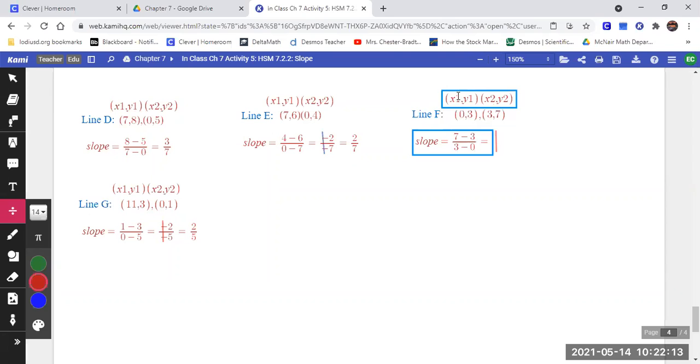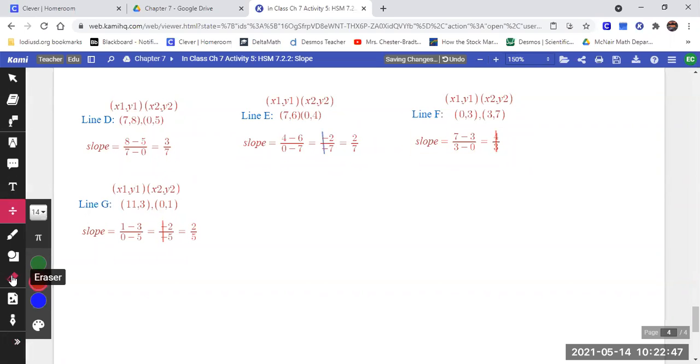We do not subtract what's in one parentheses from what's in the same parentheses. This was the y of 7 and the y of 3, the x of 3 and the x of 0. This is the kind that could mess you up because you think, oh, I'm just subtracting a parentheses, but we're not. Because if you look at this one, my numbers were 4 and 6, and 4 and 6 are not in the same parentheses here. Okay, what's my top say? What's my fraction going to be? 4/3.